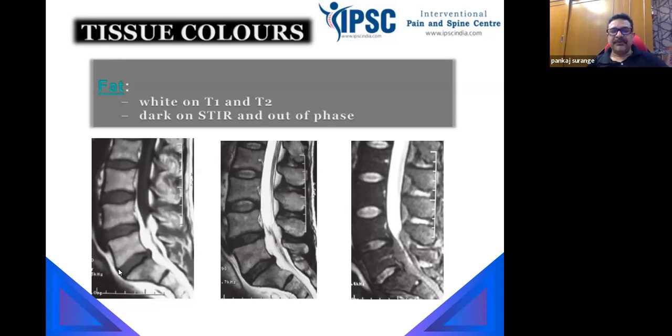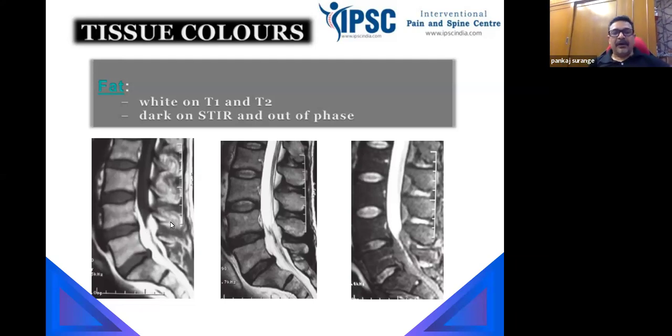If it were CSF, it should have been dark on T1. But it is white on T1 and white on T2. To identify that, we can use fat suppression, and now we can see that this is not a CSF but fat. This is an epidural lipoma.